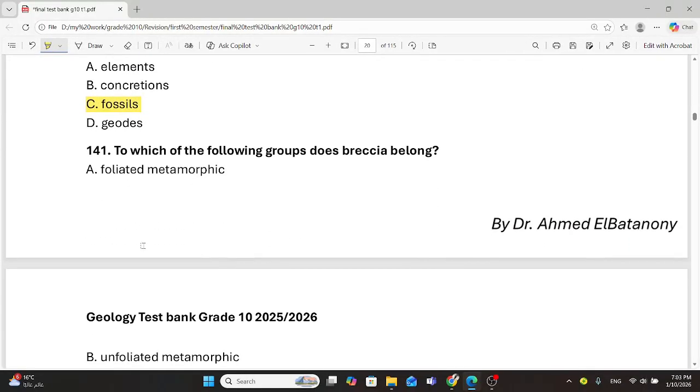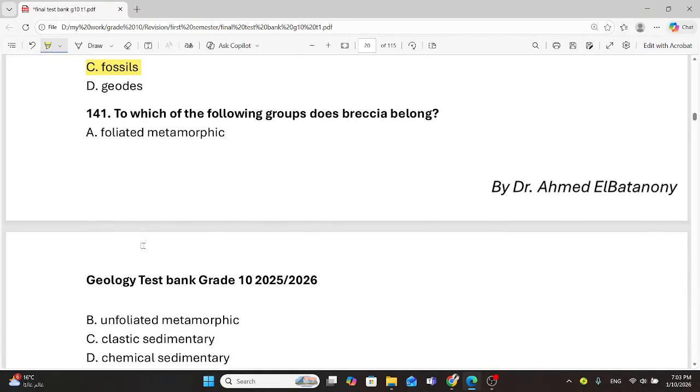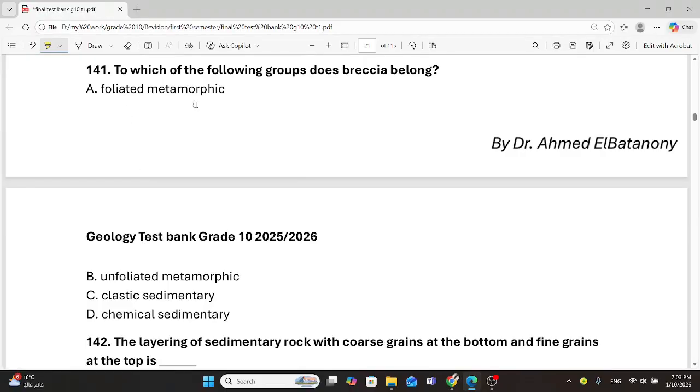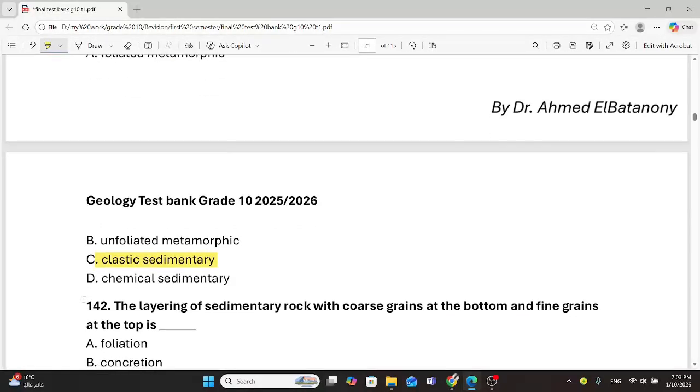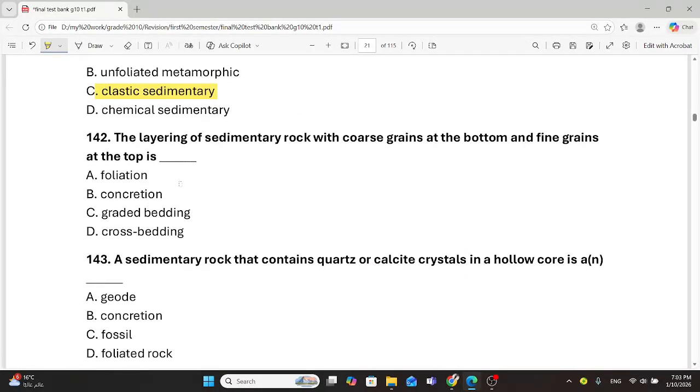To which of the following groups does it belong: foliated metamorphic, unfoliated metamorphic, or clastic sedimentary? Clastic sedimentary. The layering of sedimentary rock with coarse grains at the bottom and fine grains at the top is graded bedding.